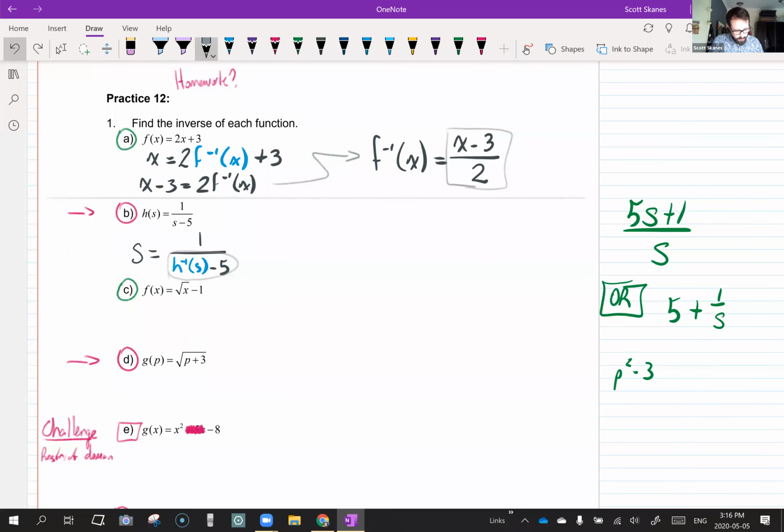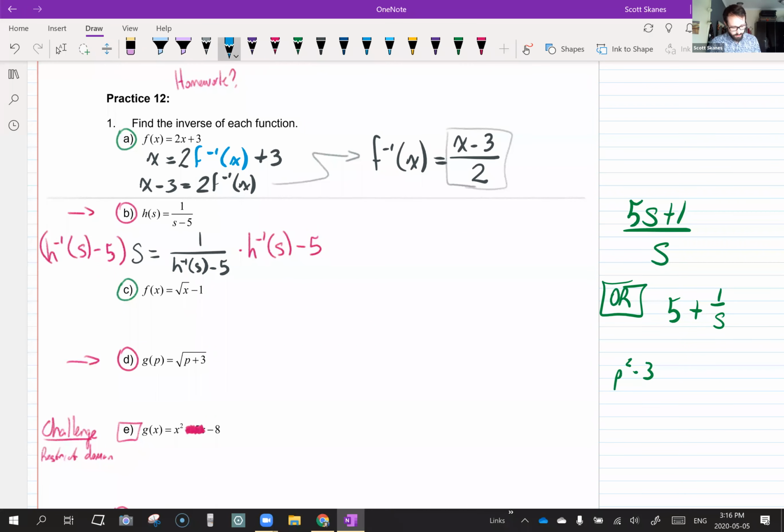Or in other words, because it's a fraction, let me try to make this as clear as I can. Whenever you have fractions, you can get rid of the fraction on both sides if you multiply everything by it. So let me make this more clear. If you multiply everything by what's on bottom on both sides, now it's a little bit ugly, I get that, but sometimes this is what we need to do.